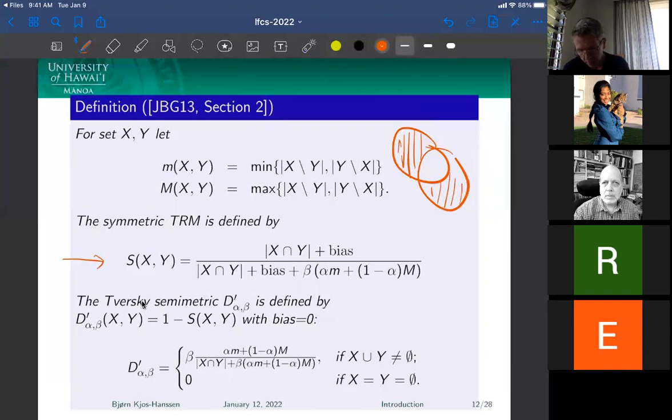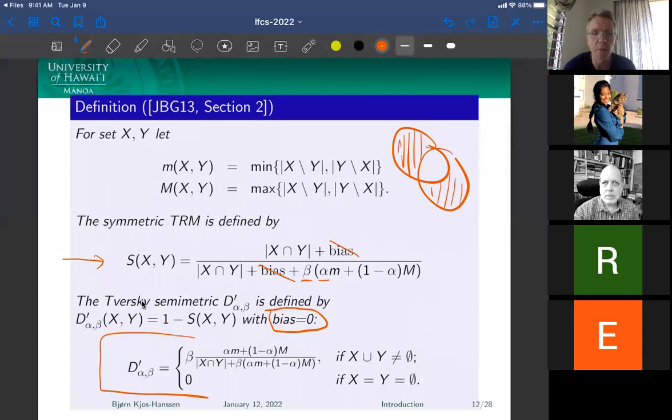It depends on some parameters alpha and beta. It also depends on a bias that they were interested in, but in our paper, we're letting the bias be 0, so that goes away. And we take 1 minus that, and then we get this, a little bit complicated formula for our potentially metric function.